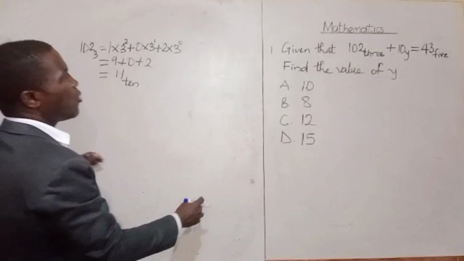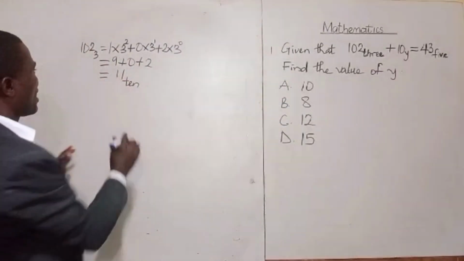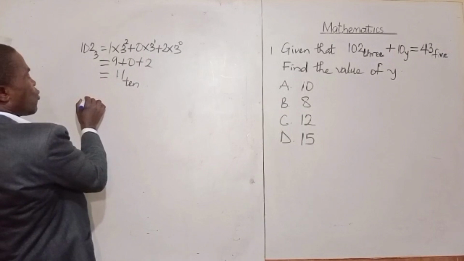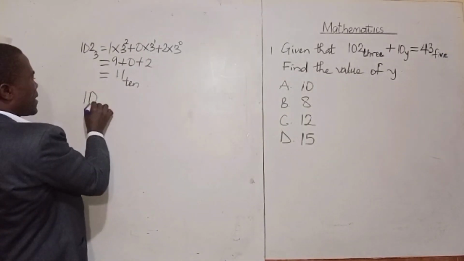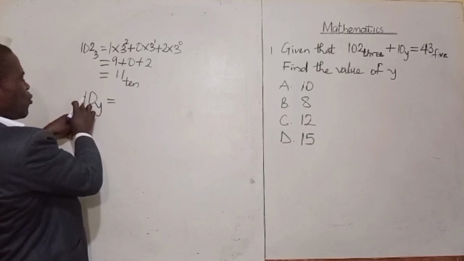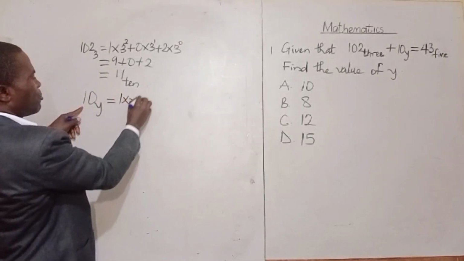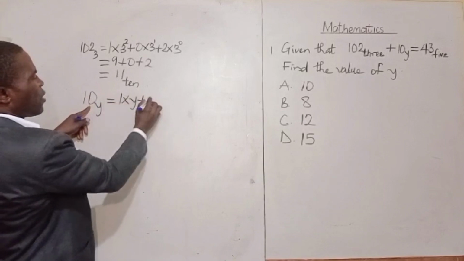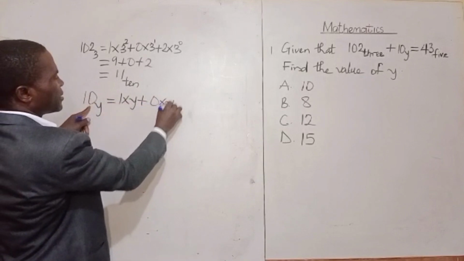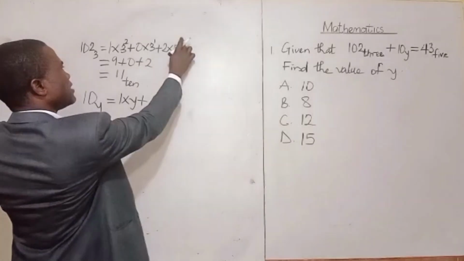Now let's look at how we can convert this one to base 10, the general language. We have 10 base y. We are going to convert this one to base 10. We're going to say 1 multiplied by y, plus 0 multiplied by y. Now the first y carries power 0, just like this.